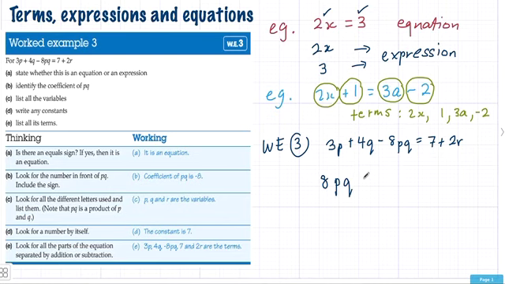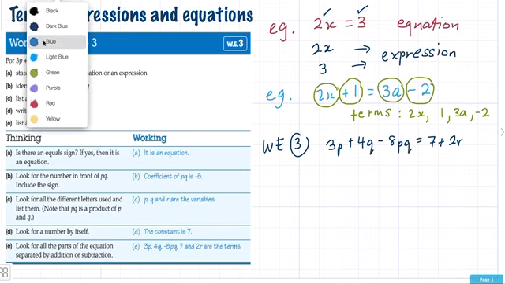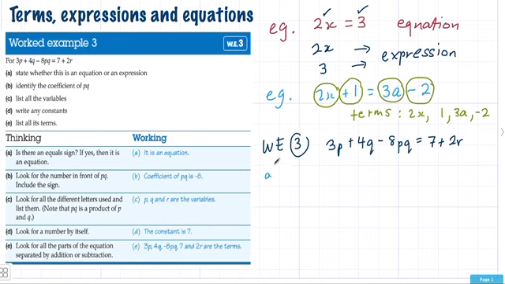So this 8pq is 8 times p times q. We just don't worry about writing in the multiplies. So we've got 5 things that we need to look at here. The first one is to state whether this is an equation or an expression. Well, it's an equation because it has an equal sign.